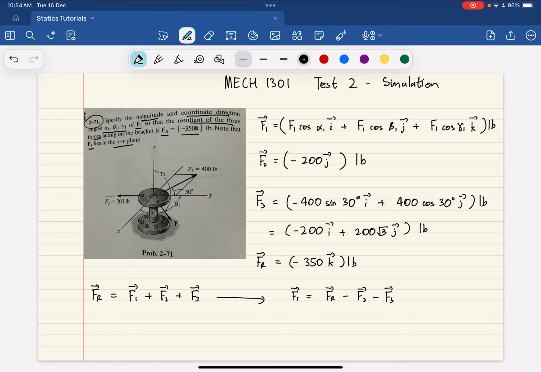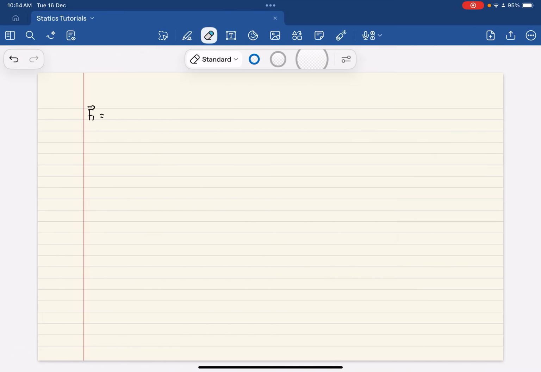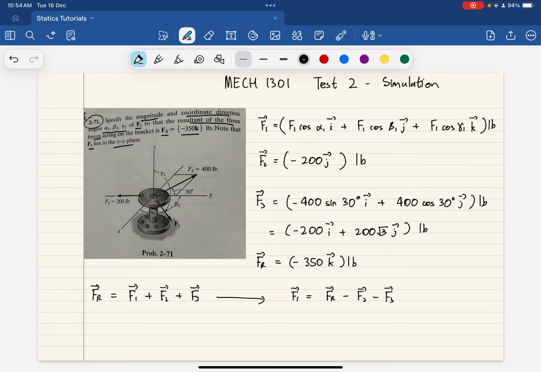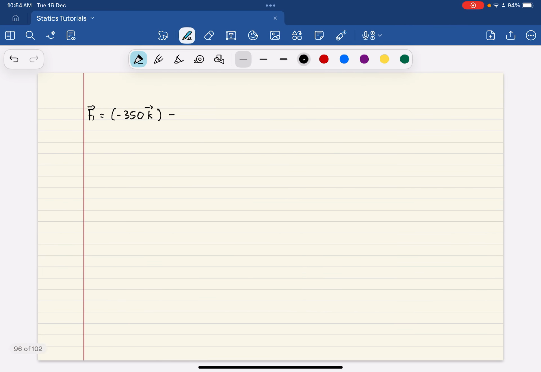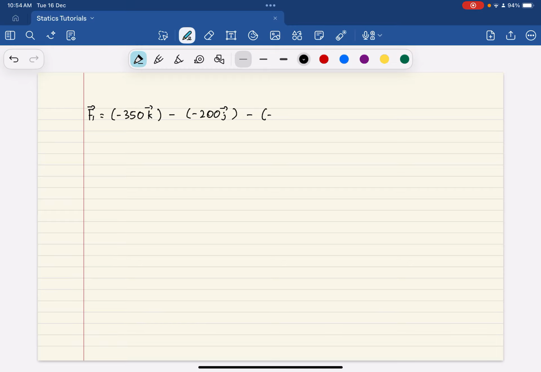That's how you can get the F1 force vector itself. So let's do that. F1 equals Fr, which is negative 350 k, minus F2, which is minus negative 200 j, and minus F3, which is minus negative 200 i.